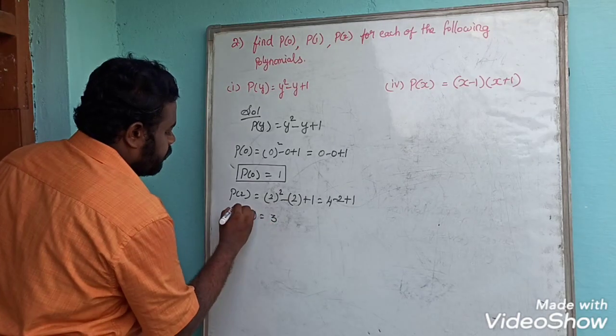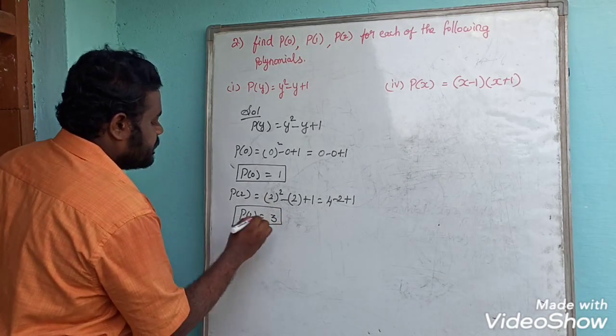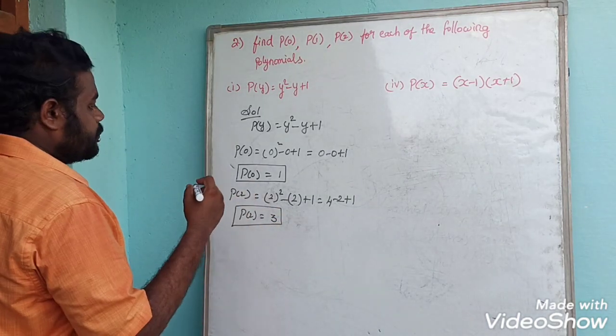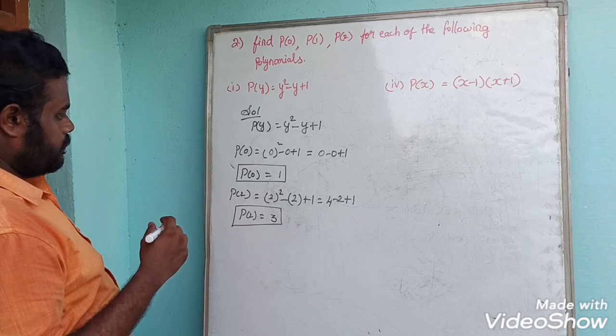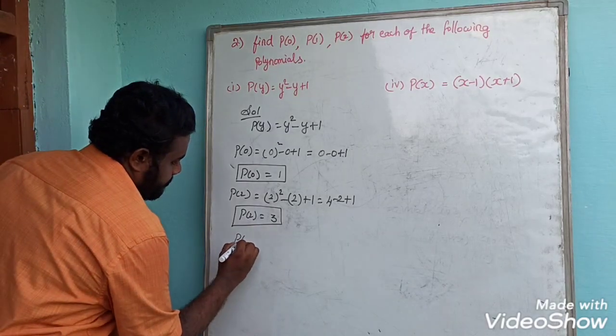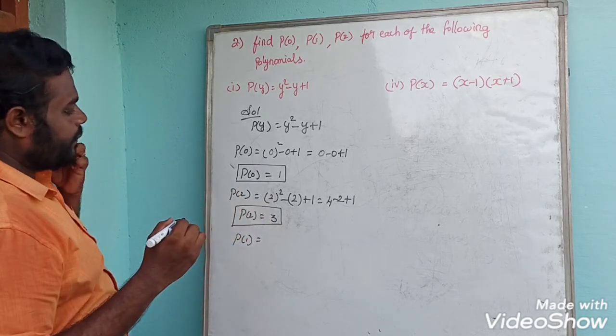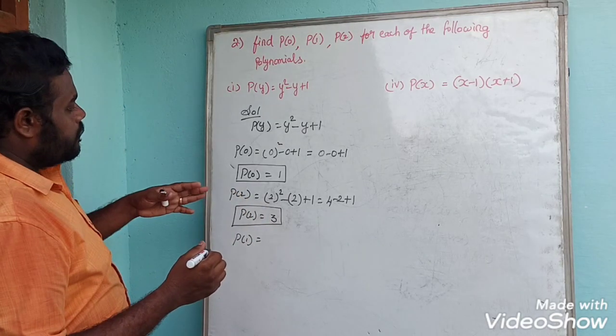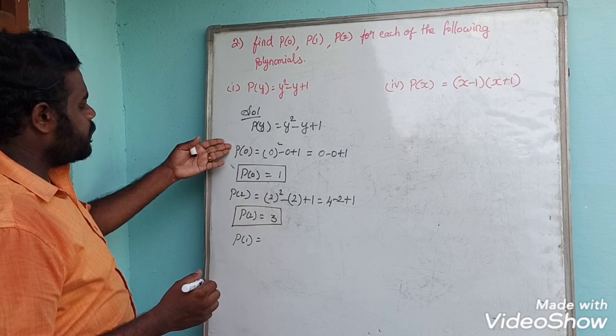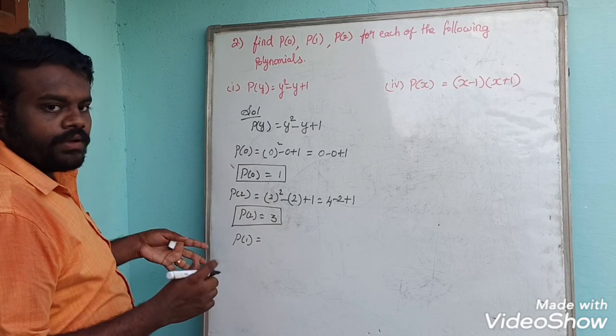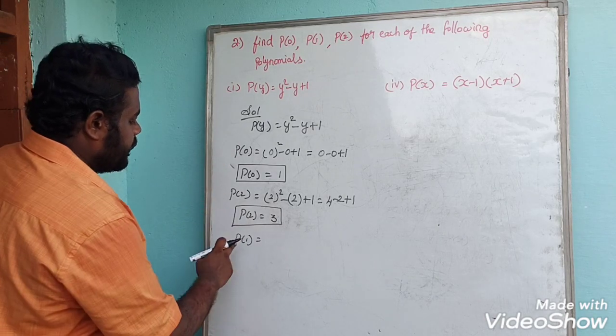So the value of P of 2 is 3. Next we substitute P of 1. So it can be P of 0, P of 1 and P of 2, or P of 2, P of 1, whatever it is, there is no problem for that.